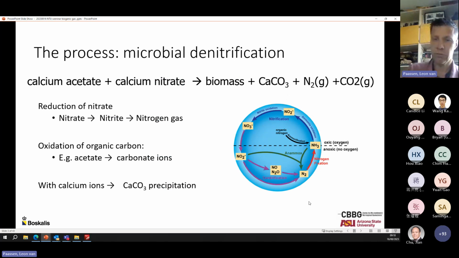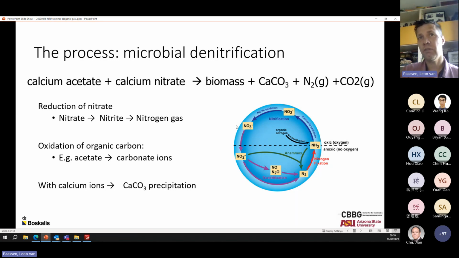The process we'll be talking about is microbial denitrification. This is a process in the nitrogen cycle. This is the natural nitrogen cycle where bacteria in the ground or in plants can fix nitrogen from the atmosphere, turn that into ammonia, and eventually ammonia is a nutrient source for other bacteria which convert the ammonia back into nitrate.